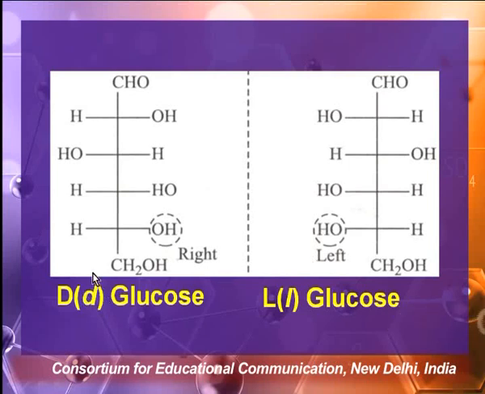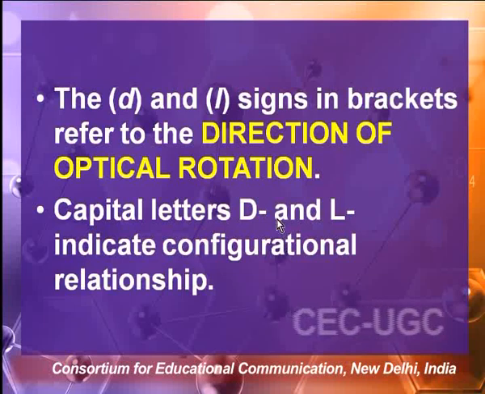So capital D is indicating the configuration, that is the position of the OH on the highest numbered asymmetric carbon, and small d is indicating the optical rotation of the molecule.